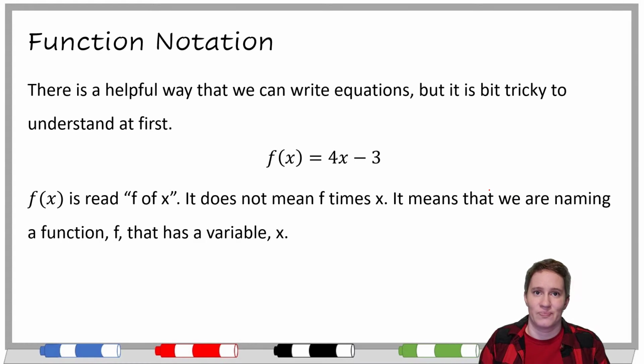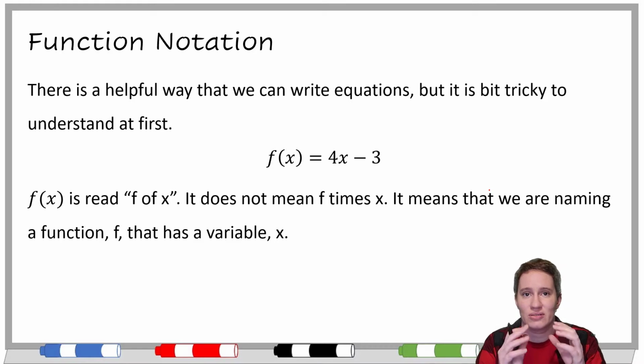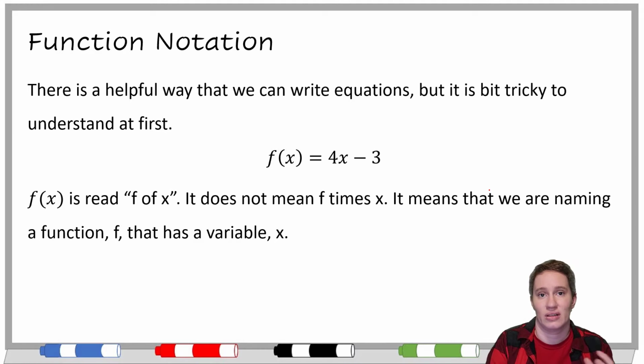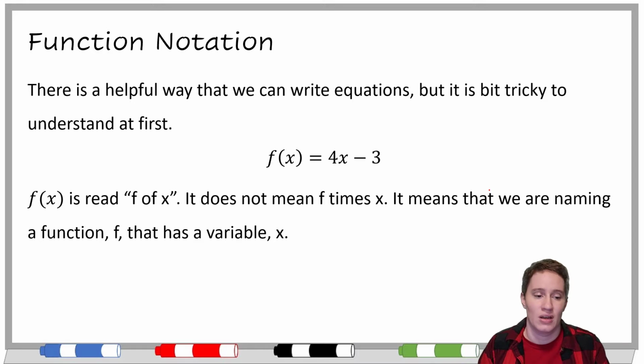But because we have this function notation, we know that this is actually saying f of x, which means we have a function and we're naming it f, and that function f has the variable x. And so just those two letters in parentheses are telling us something about this particular function that is helpful if we want to start thinking about the function more.